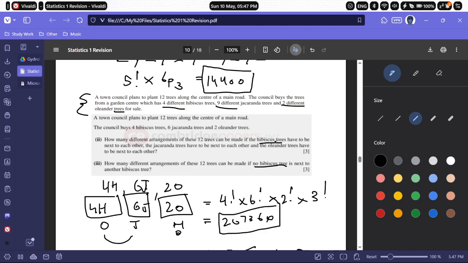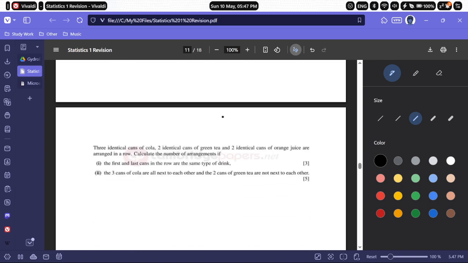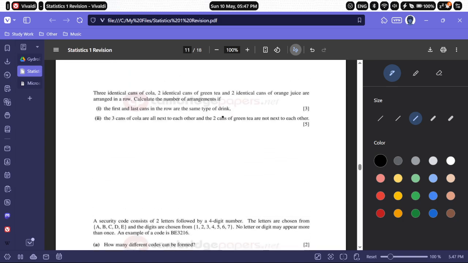So I guess generally you can think of it as when you're given a question where some of the items have to be next to each other, you would start by making a box. And then in questions where they tell you that they aren't supposed to be next to each other, you can make use of the gap method. Honestly, it comes mainly with practice, so you can try solving more of these types, I suppose.